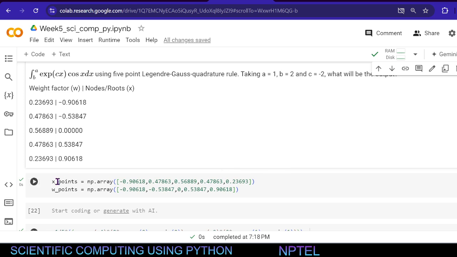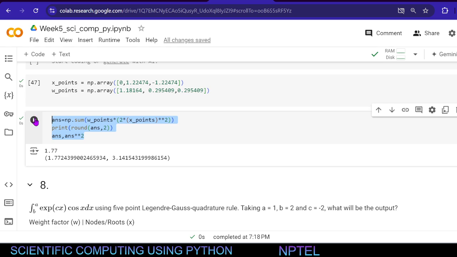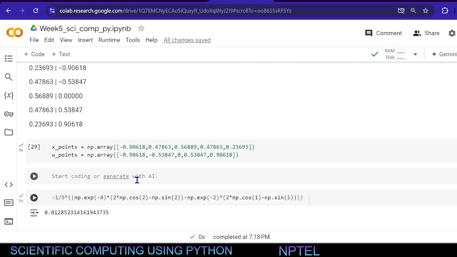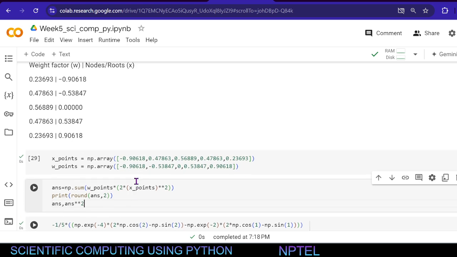So again, I've written down the x points and w points, and I just need to copy paste this. So w points times the function. What is the function?